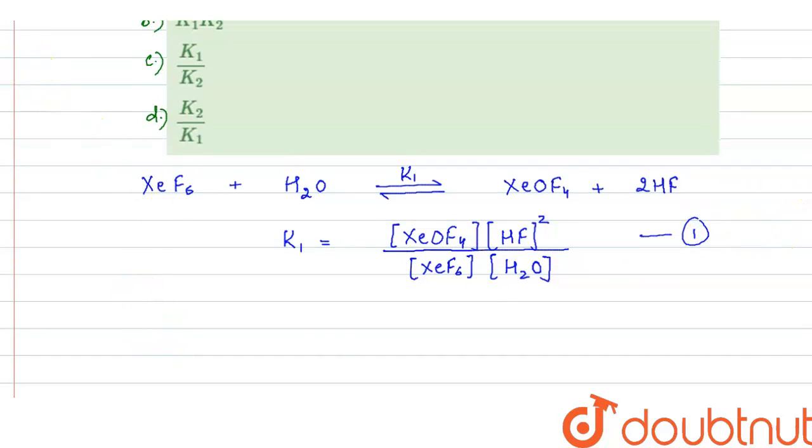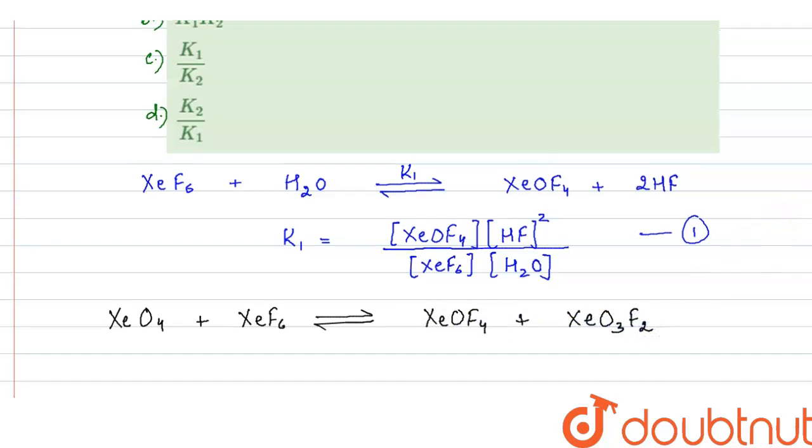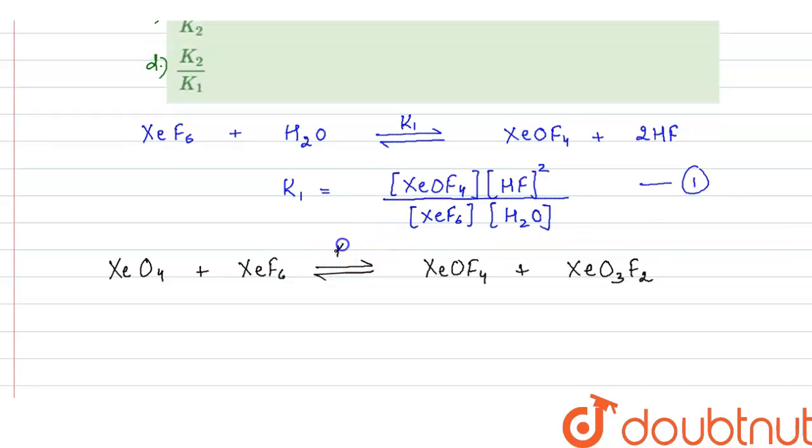Now we have the second reaction, XeO4 plus XeF6 combines to give XeOF4 and XeO3F2. Now for this reaction the equilibrium constant is given as K2. Now when we write the expression for K2, it will be equal to concentration of products.